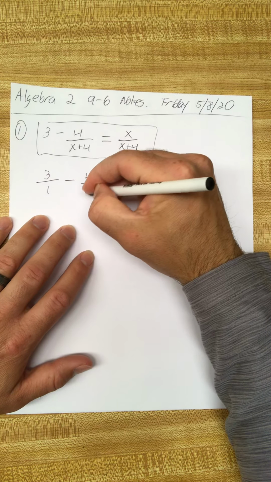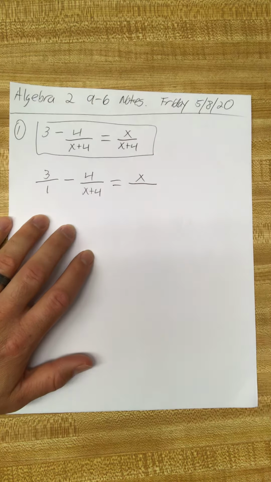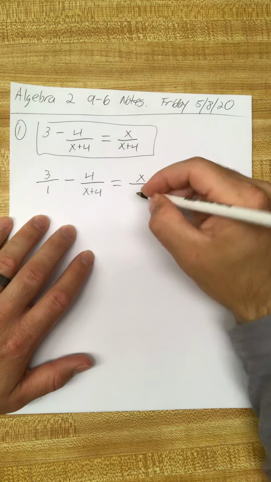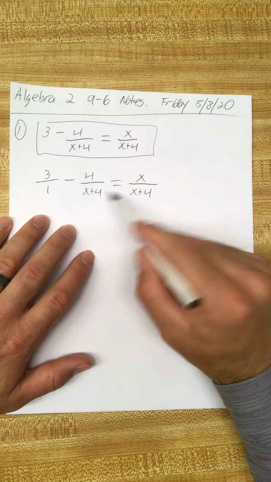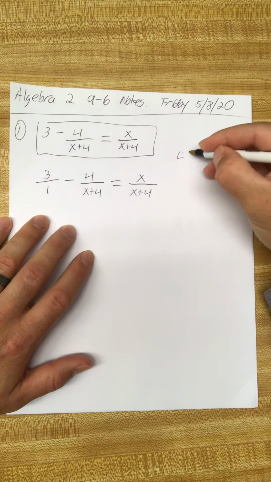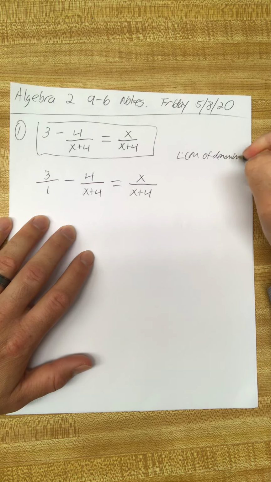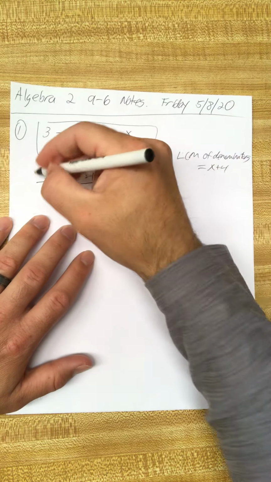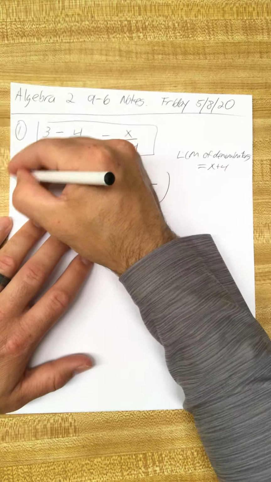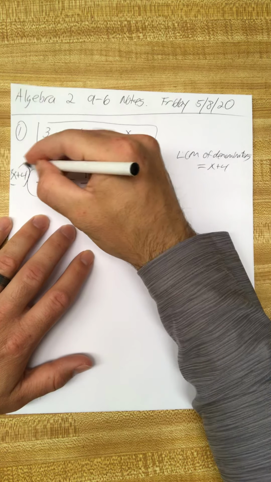So this one's pretty easy as far as figuring out the least common denominator of your fractions here. It's just x plus 4. So the LCM of the denominators is x plus 4. So all my fractions here are just going to get multiplied by x plus 4.